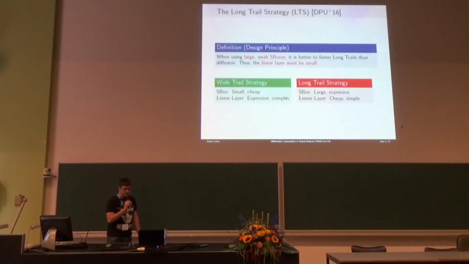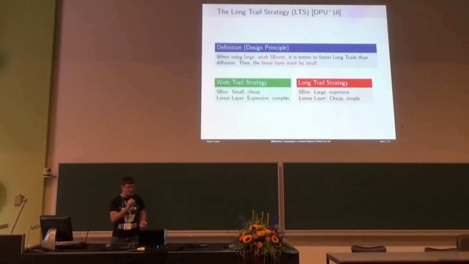And so in comparison, as a design principle, when you use large and weak S-boxes, it's better to use long trails than to go for diffusion, and therefore the linear layer must be small.